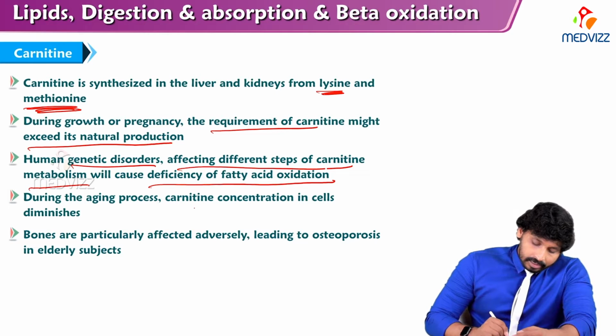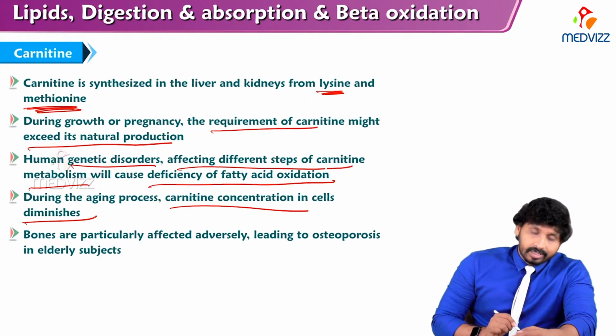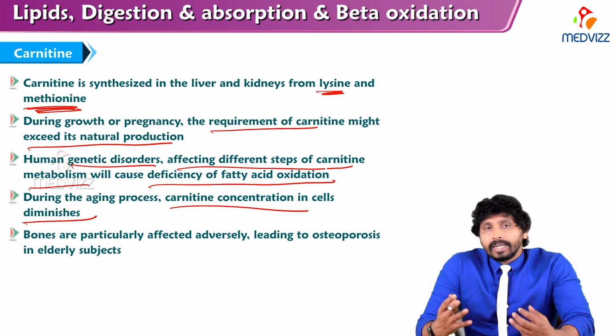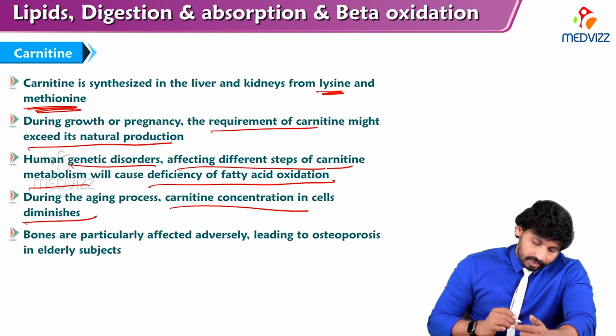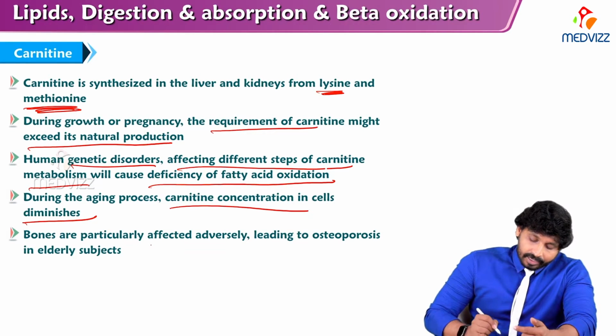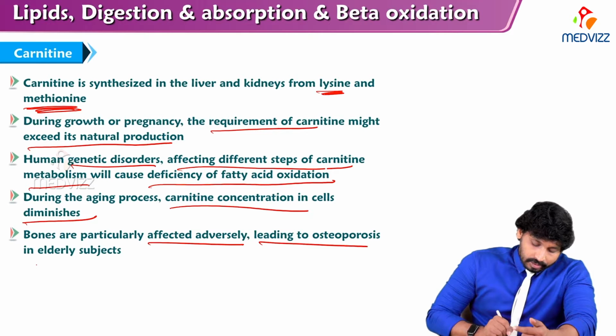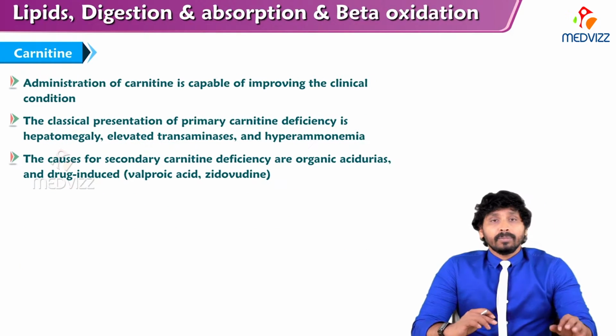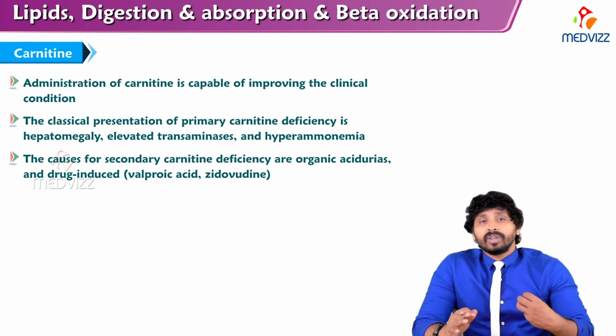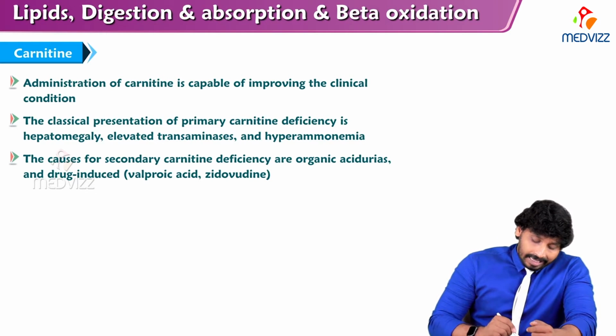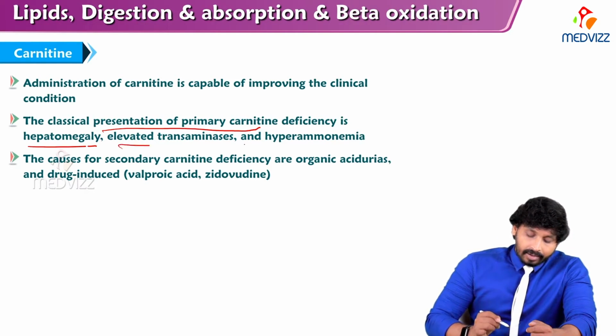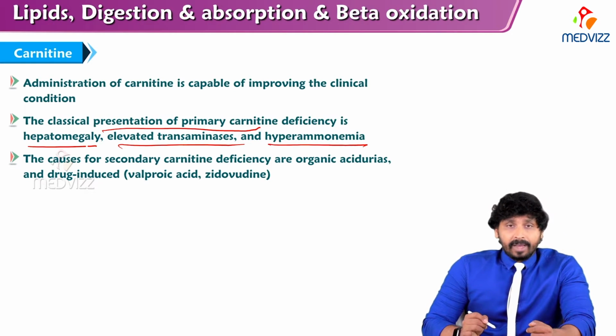During the aging process, carnitine concentration in cells diminishes, so people will not be able to get energy from the oxidation of long chain fatty acids. Bones are particularly affected adversely, leading to osteoporosis in elderly subjects. Administration of carnitine is capable of improving the clinical condition. The classical presentation of primary carnitine deficiency is hepatomegaly, elevated transaminases and hyperammonemia. Why?